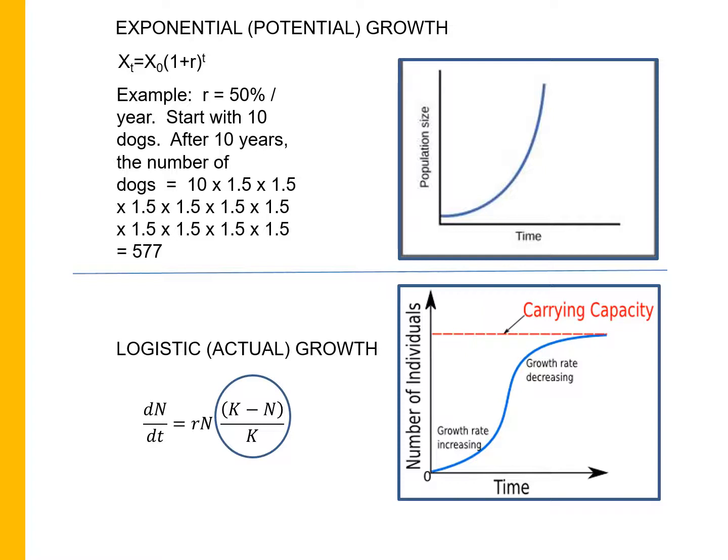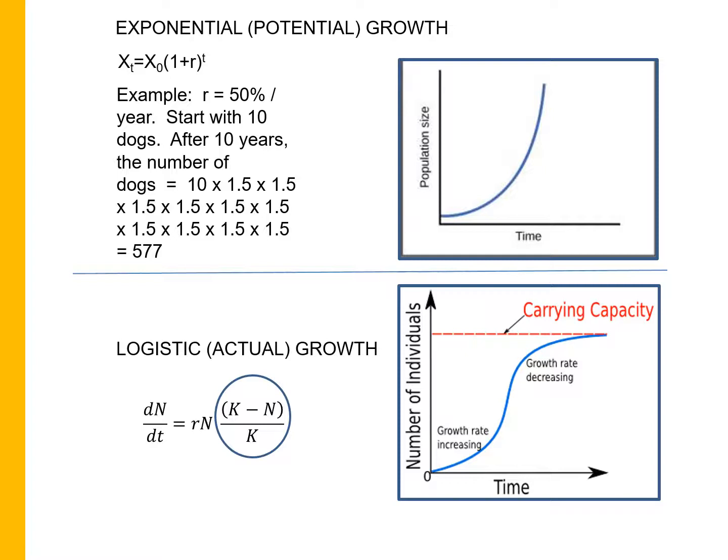So to make that simpler, by use of an example, let's just say that dogs have the capacity to increase at about 50% per year. I'm just making that up right now. And let's say we go to that island and start with 10 dogs.